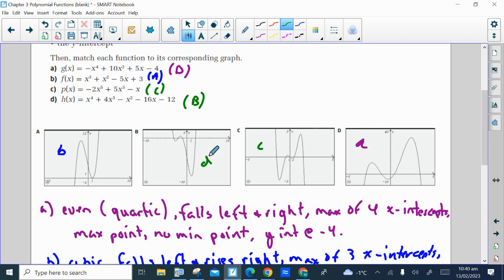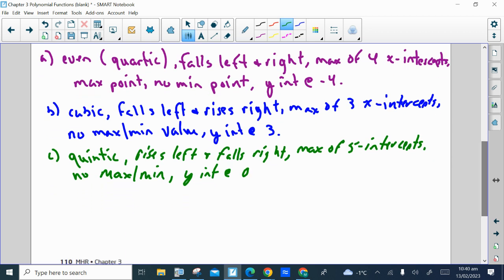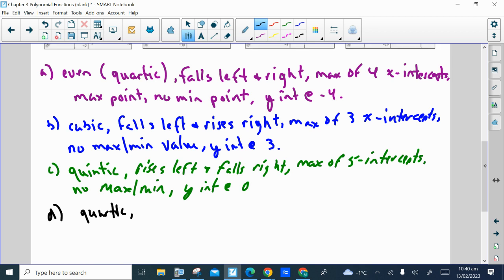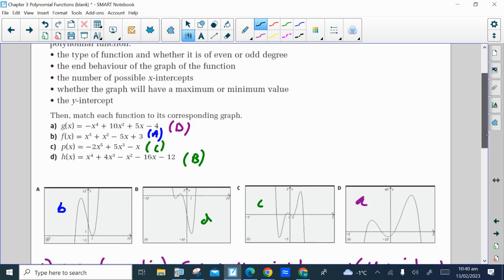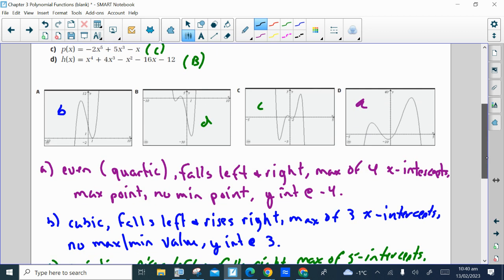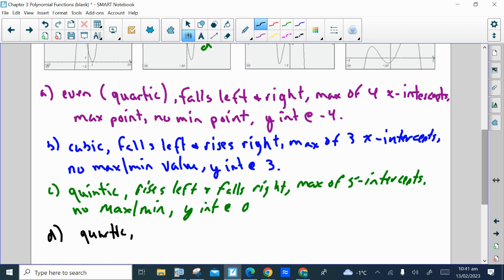This is a fourth degree polynomial, or a quartic again. And once again, because the initial term coefficient was positive, this graph rises to the left and rises to the right. It opens up.